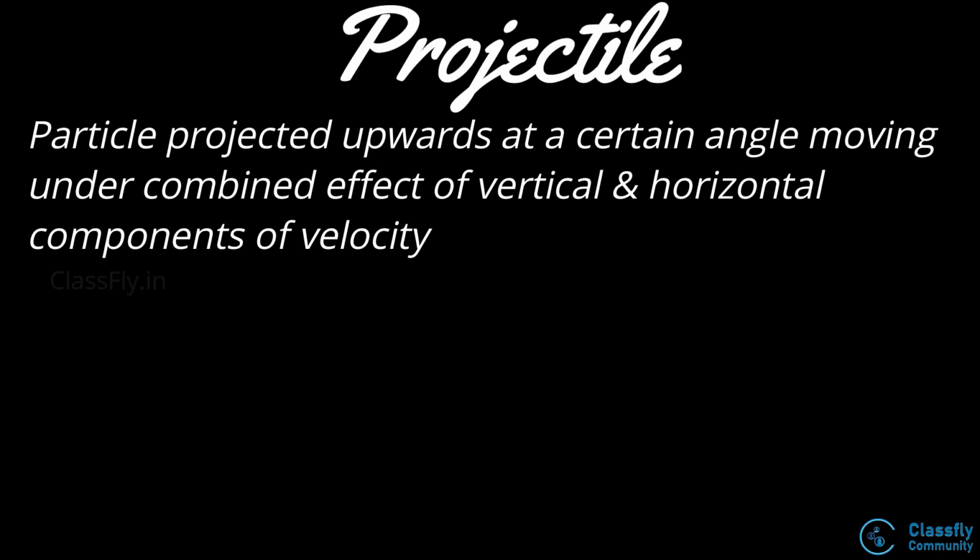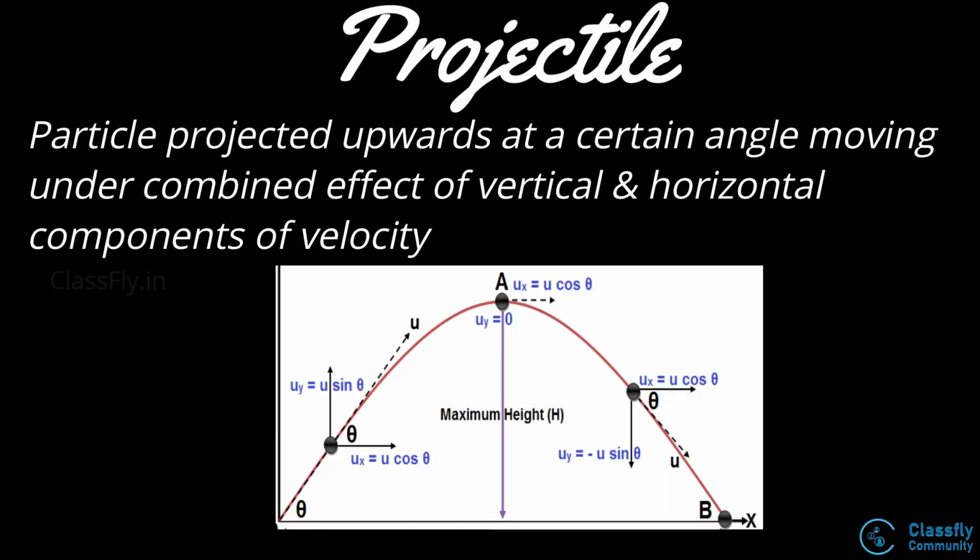Next, we moved on to the concept of projectiles. Well, a particle projected upwards at a certain angle moving under the combined effect of vertical and horizontal components of velocity is known as a projectile.